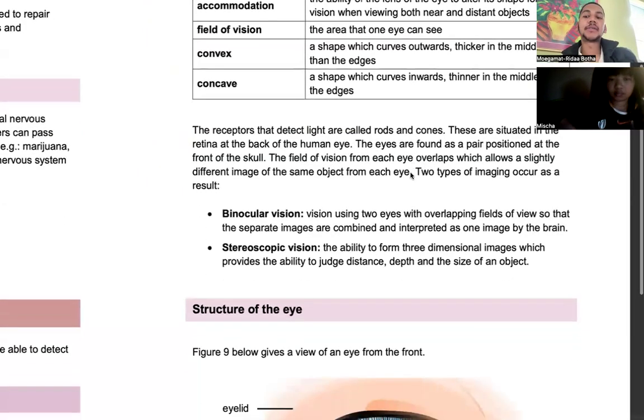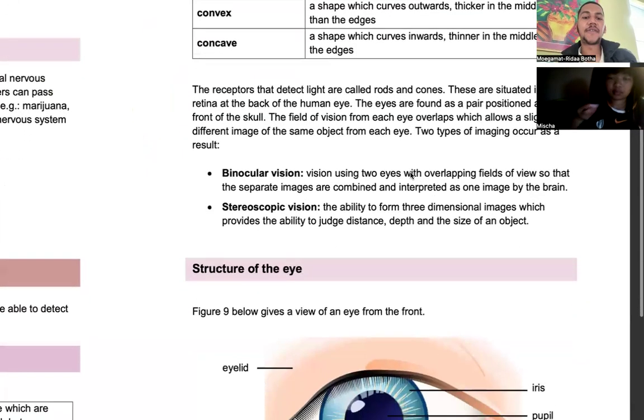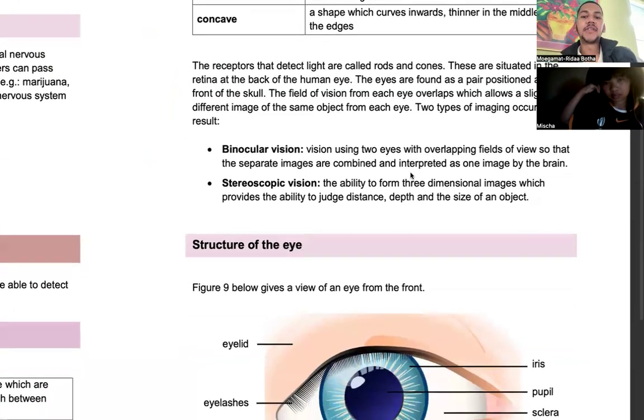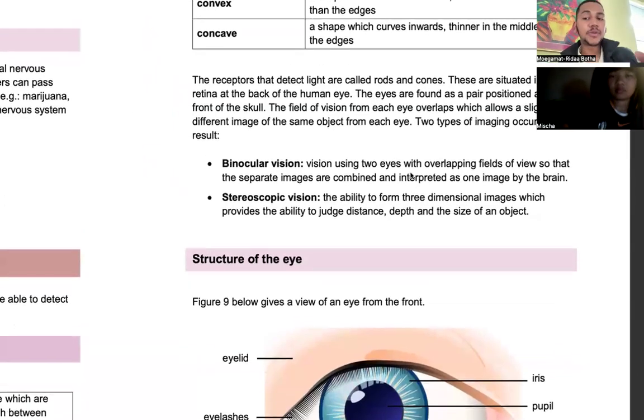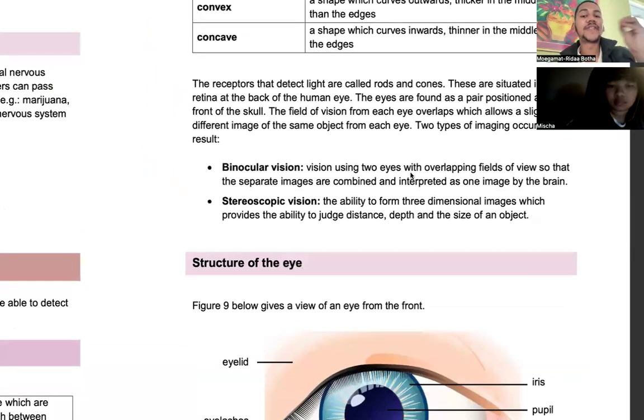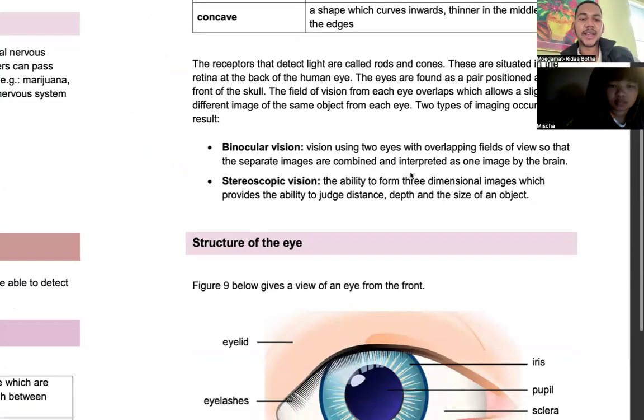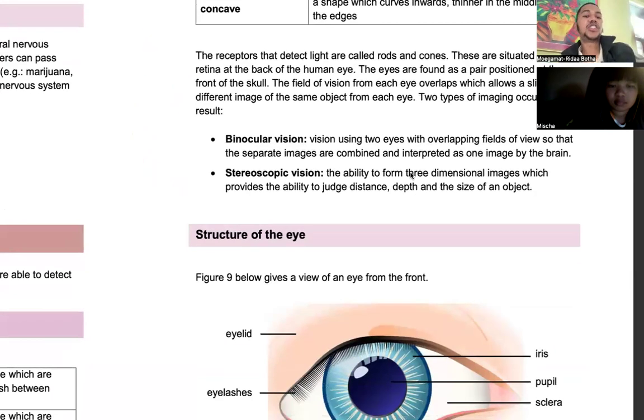The eyes are found as a pair positioned at the front of the skull, and the field of vision from each eye overlaps, which allows a slightly different image of the same object from each eye. So the type of imaging that occurs as a result of this is called binocular vision as well as stereoscopic vision.